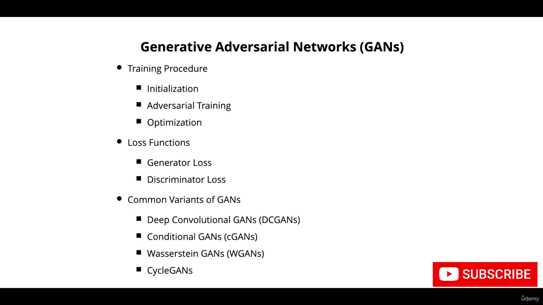Next one is Wasserstein GANs or WGANs. GANs with the Wasserstein distance-based loss function, leading to more stable training and better sample quality. The last one is the CycleGANs, which is GANs used for unpaired image-to-image translation tasks, learning mapping between two domains without paired training data.